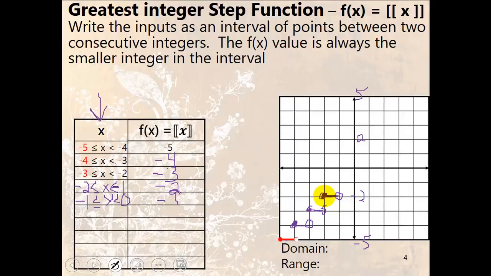And then we go closed from -1, and then open at 0, and then closed at 0, open at 1, and then we will go closed at 1. You see the pattern that's just building.